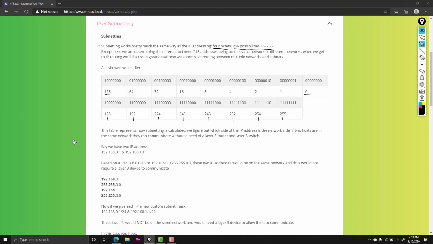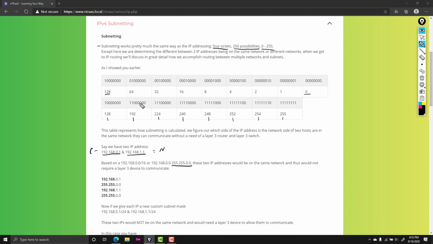So say we have 2 IP addresses. Based on our Class C, you might say 192.168.0.1 and 192.168.1.1 are on the same network, and you would be correct if that was the case. Based on the 192.168/16 or the 255.255.0.0, they would be on the same network and not require a layer 3 device to communicate.